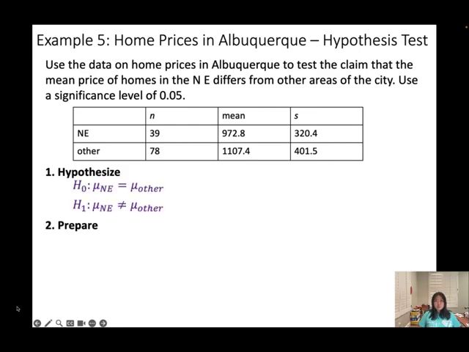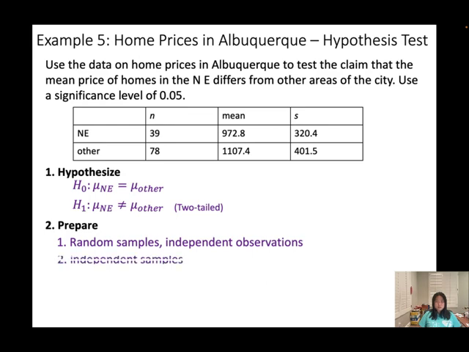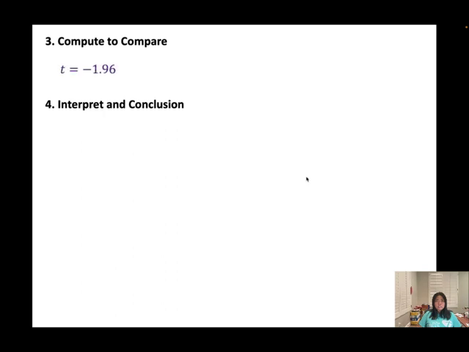And then it's going to be not equal to. It's going to be differs from other areas of the city. So same thing, it's going to be two-tailed. Checking your conditions: random sample, independent observations, independent samples, and both sample sizes are at least 25. Use your calculator, you're going to get t equal to -1.96.